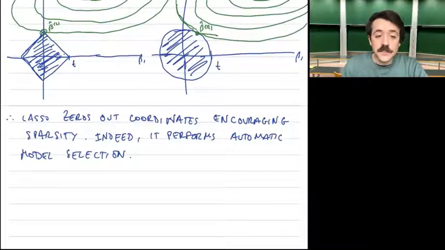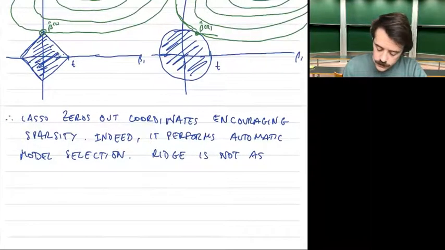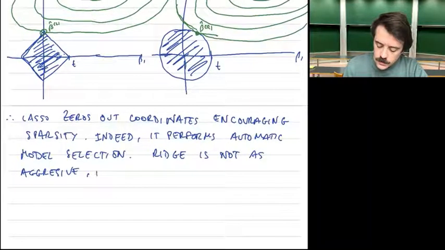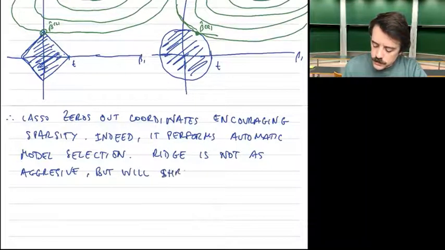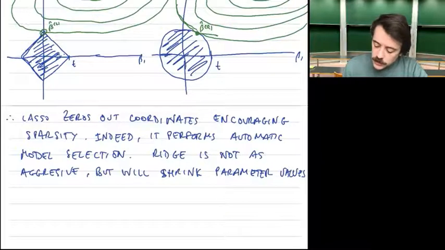The other thing we know is that ridge is not as aggressive. But it will shrink parameters, and this will in turn imply some regularity, right?